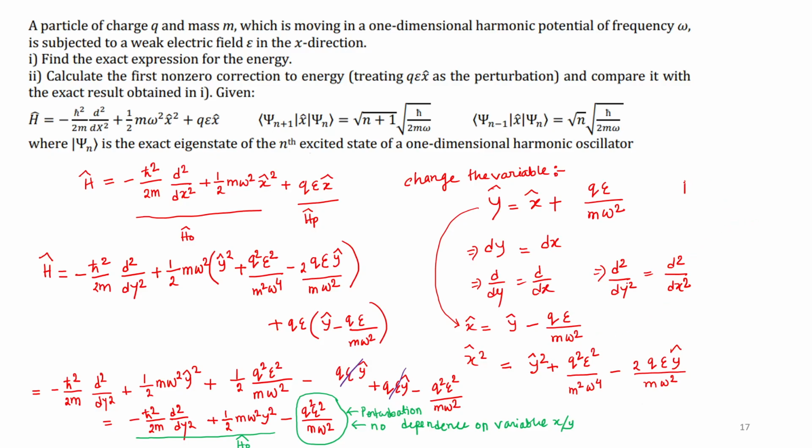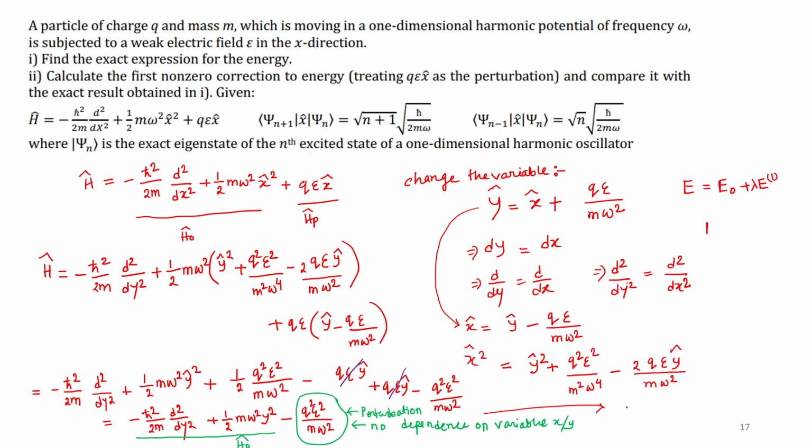So your energy is your unperturbed plus your perturbed, right? That lambda E1, right? Here is your perturbation part.